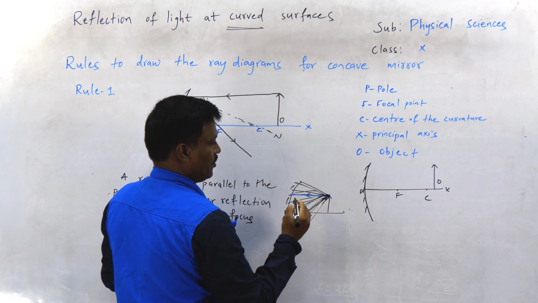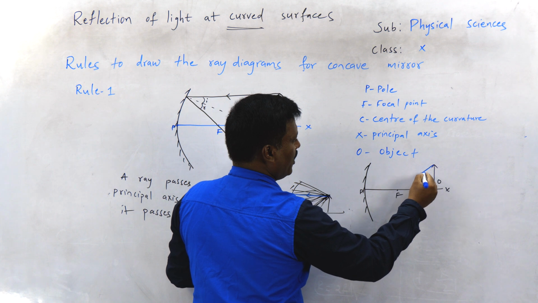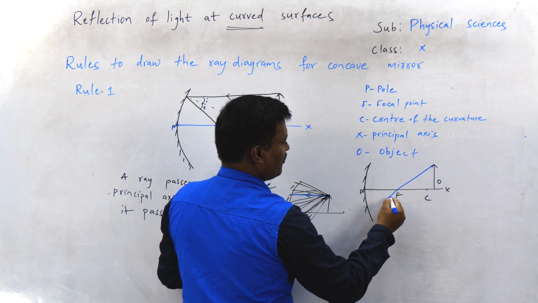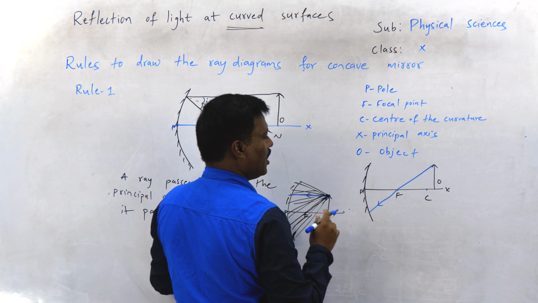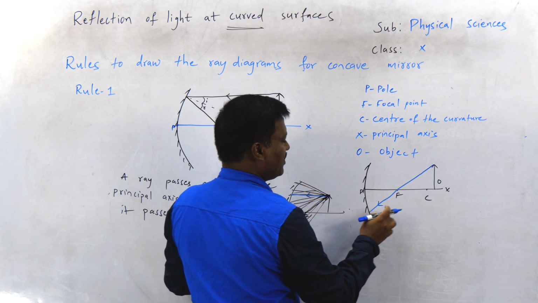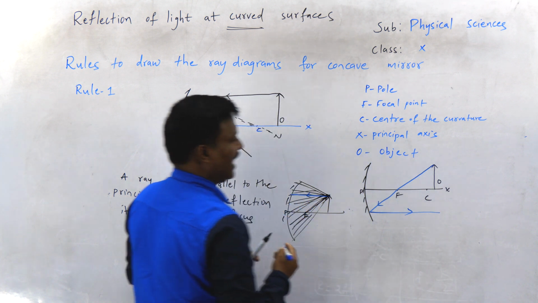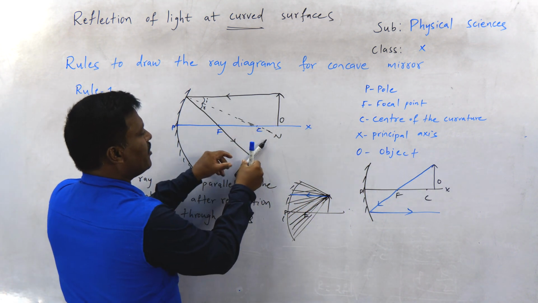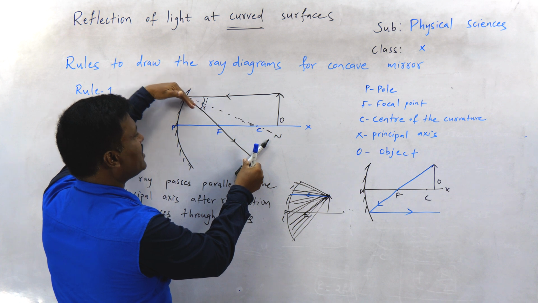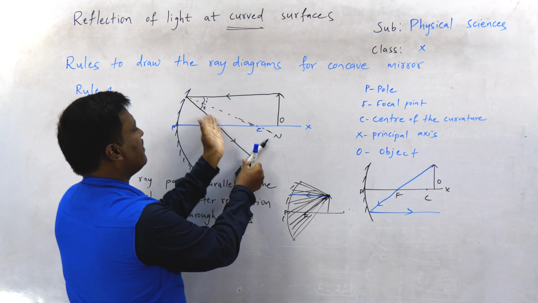What happens when a ray passes through focus? A ray passes through focus and is incident on the concave mirror, and after reflection passes parallel to the principal axis. It is the reverse phenomenon. If you keep one plane mirror here, the ray which is incident on the plane mirror perpendicularly, after reflection goes this way.